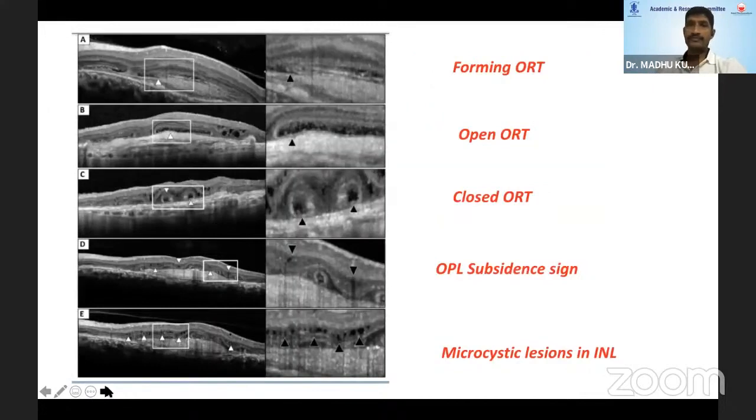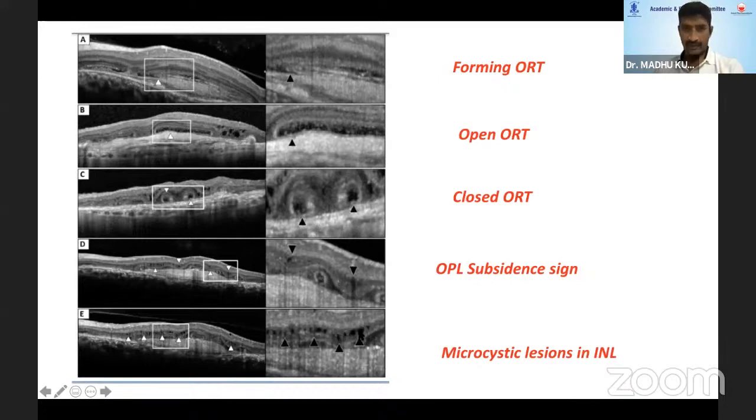Now, what are the different forms of ORT? This is essential because when we interpret an OCT, it doesn't mean that all the time we have to look for a circular one. It can be a forming ORT where the ELM dips down. It can be an open ORT where the ends are abutting the fibrovascular tissue, or a closed ORT, or an OPL subsidence where the OPL layer dips down.